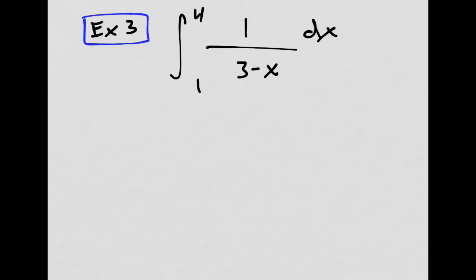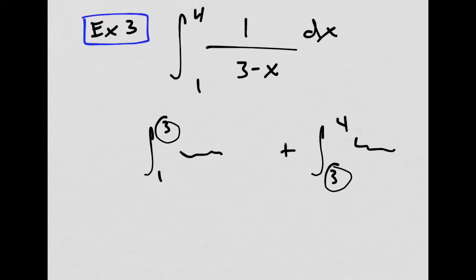But this is still an improper integral, because in between 1 and 4, there's 3. So really what I would have to do is go from 1 to 3 of that stuff, plus from 3 to 4 of that stuff. And then I would change this to a b, and do 2 separate problems. Do we understand that? That's not going to happen today, but that's just looking forward for tomorrow.